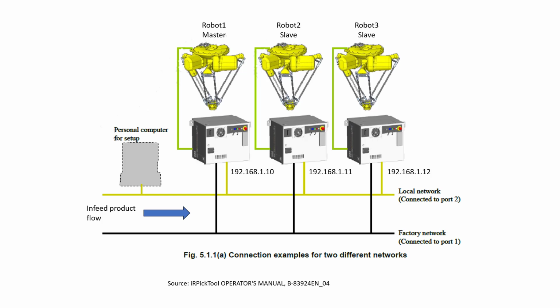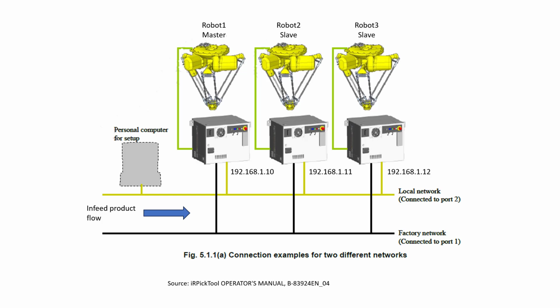One more thing is that if you're going to have a camera for the infeed conveyor sensor, you also want to connect the camera to the master robot controller, because you want to make sure you are going to have the most accurate value for the pulses from the infeed conveyor's encoder. Otherwise, if you connect the camera to any other robot controllers, you're going to have a delay on the encoder pulses count due to the Ethernet communication delay.